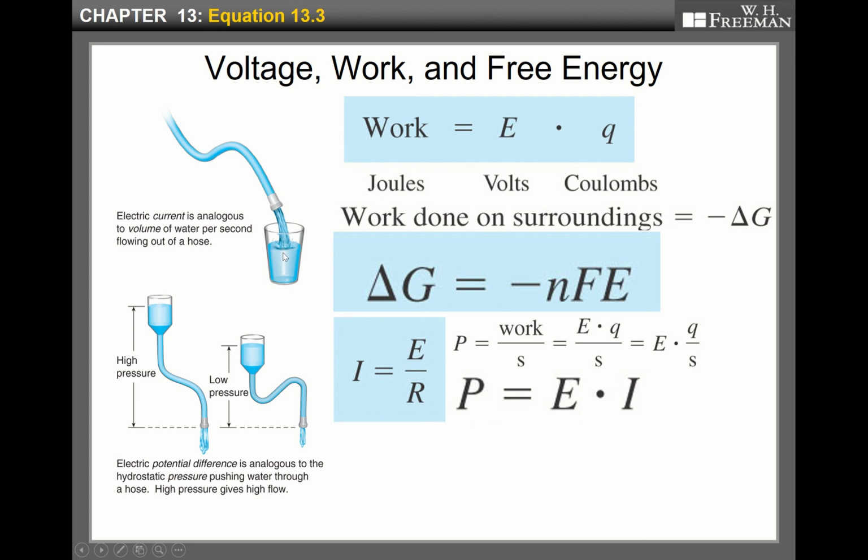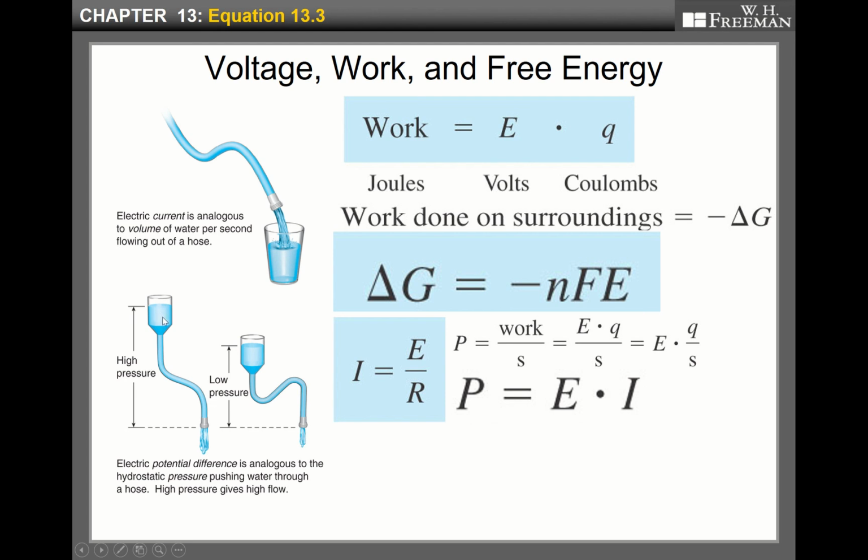That's the analogy. But what about the potential here? Potential is kind of pressure, electric pressure. So if you lift this water reservoir high, and then here, this one, it what?